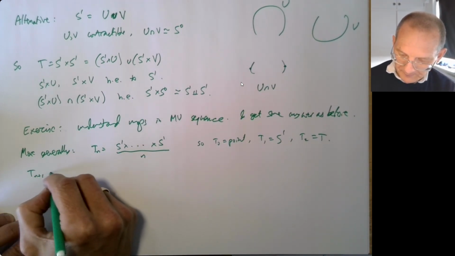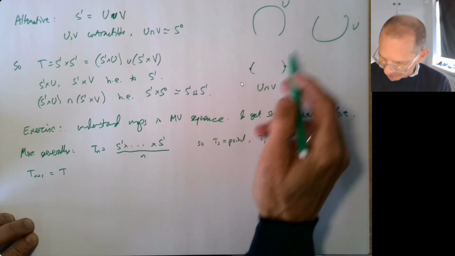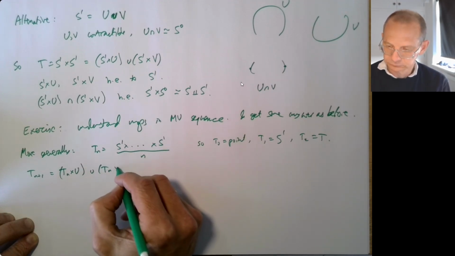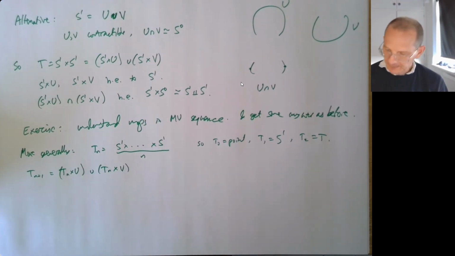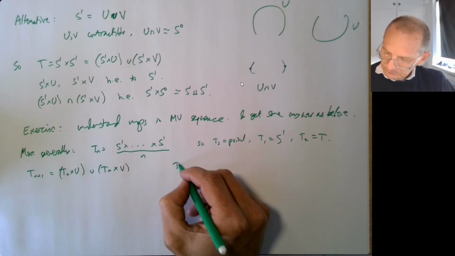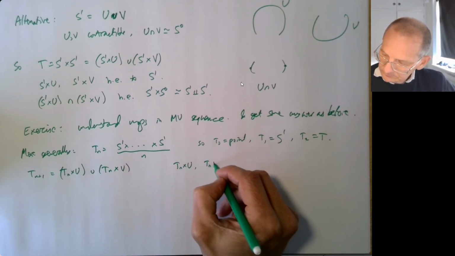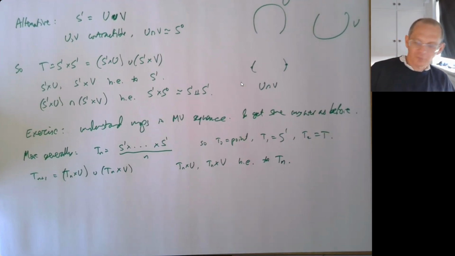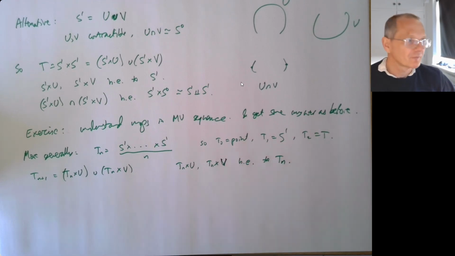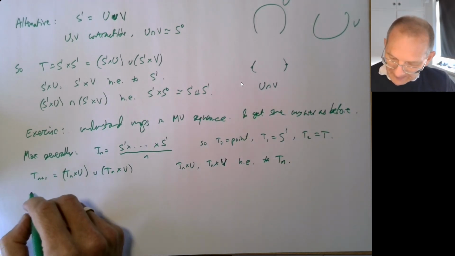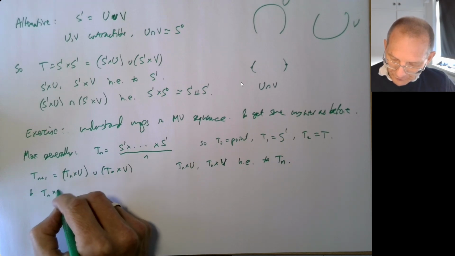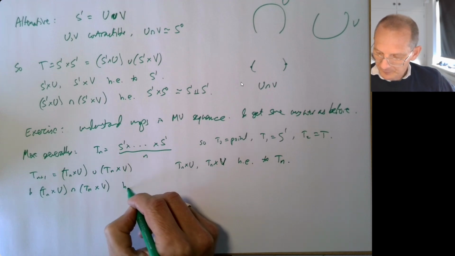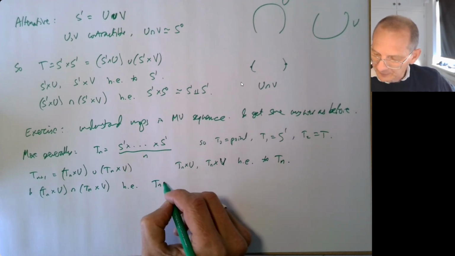Okay, so Tn plus 1 is, with the same U and V here, Tn cross U union Tn cross V. And of course, because U and V are contractible, these two pieces, Tn cross U and Tn cross V, are just homotopy equivalent to Tn, and Tn cross U intersected with Tn cross V is homotopy equivalent to Tn cross S0.